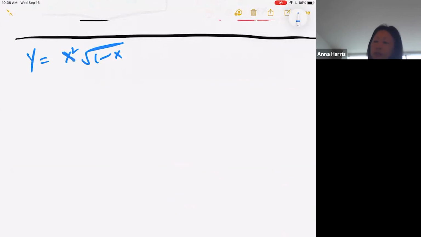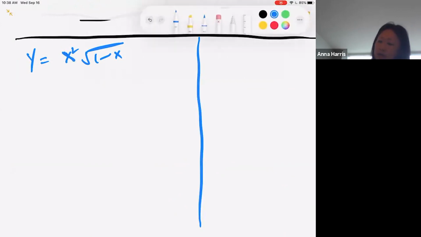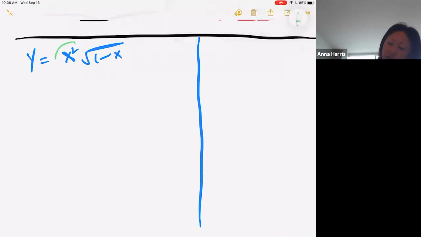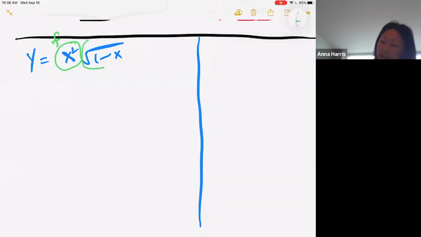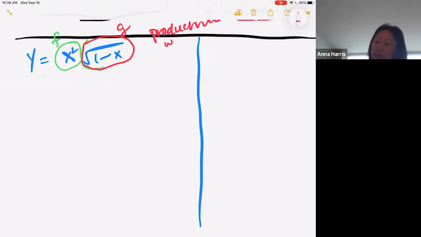So we know this is a product rule. I'm gonna call the first function f, and the second function I'm gonna call g. Okay, I gotta use a product rule with chain rule.